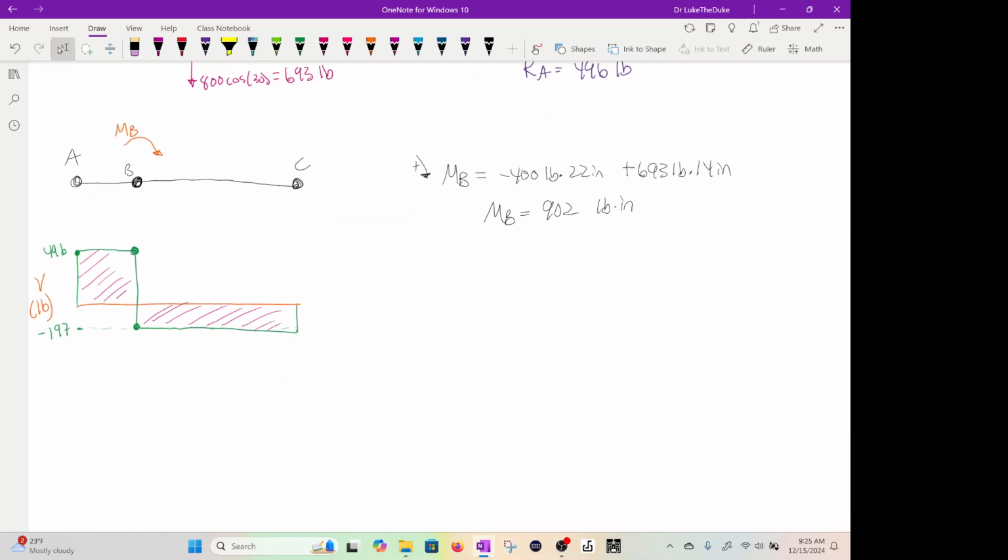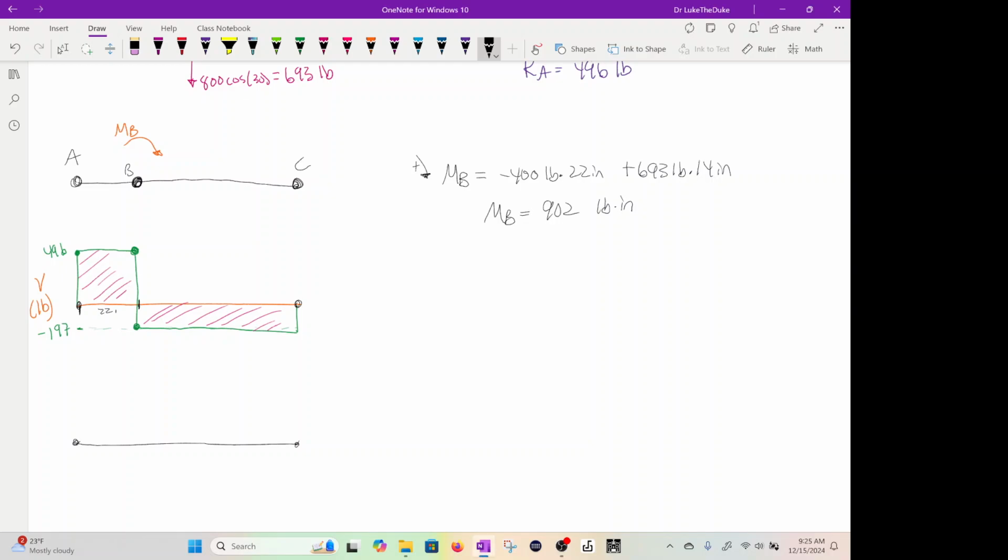And then if we look at the moment, go ahead and draw this from here to here. I can put dots here. It doesn't have any moment at A and C because there are 0 moments. What's going to happen is the reaction is 496, so we take 496 and multiply it by 22 inches, because it's 22 inches between here.